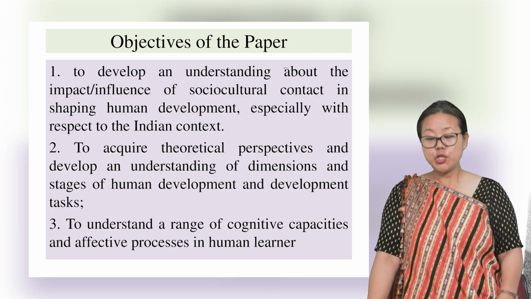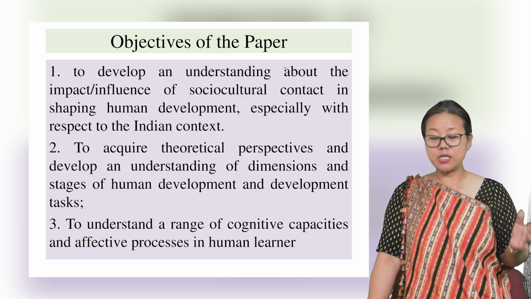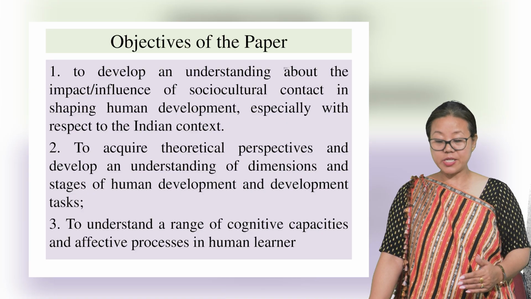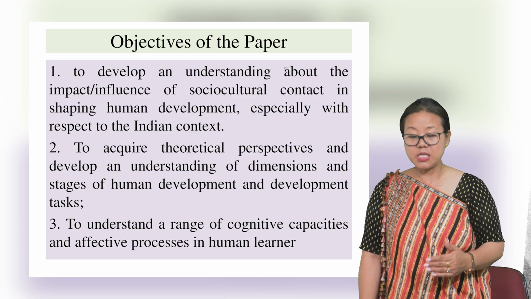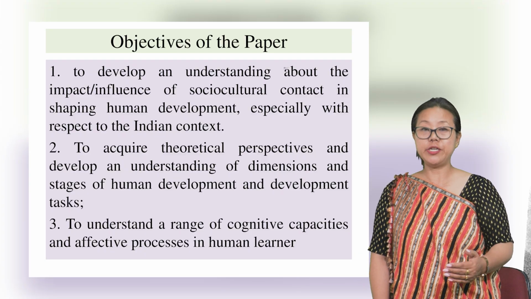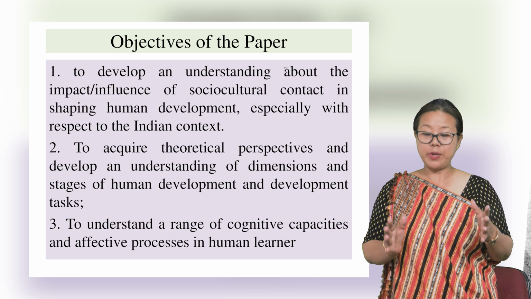Number 5, to understand a range of cognitive capacities in human learners. Number 6, to reflect on their own implicit understanding of the nature and kinds of learning. So children, these are the objectives of the paper.